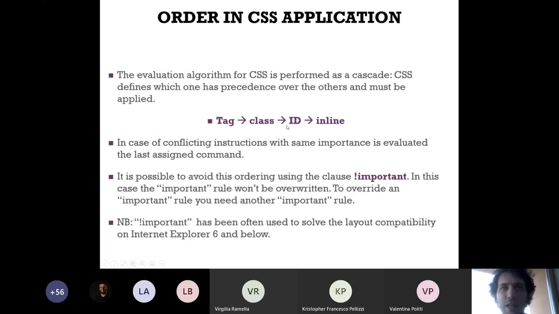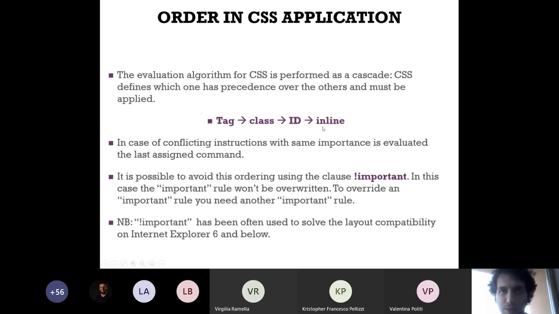And you do the same thing then with ID style and then inline style. In this way, you always know who is going to have the dominant properties, and you can sort out these overriding properties.